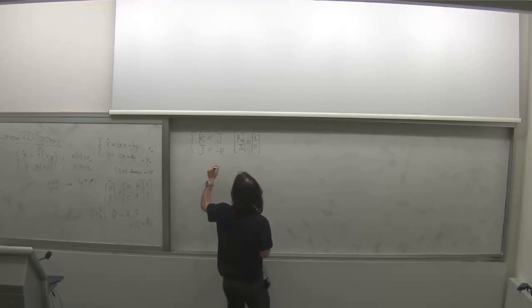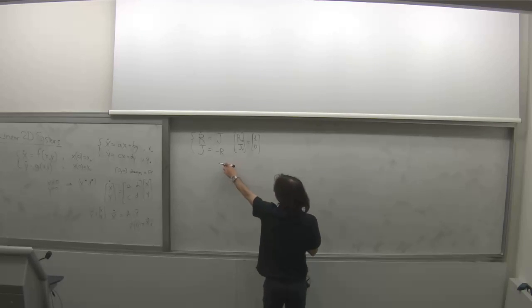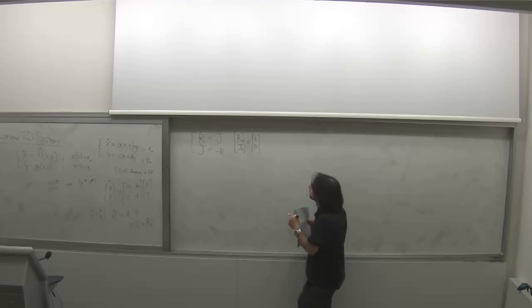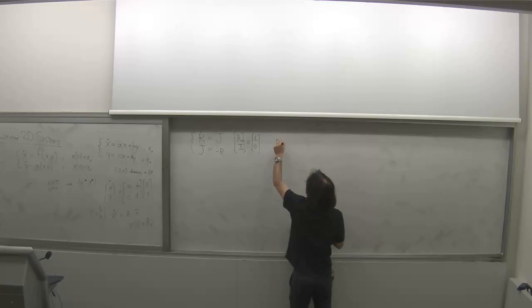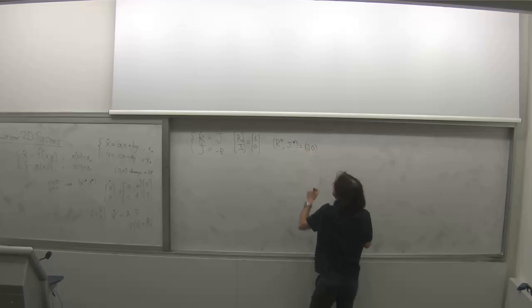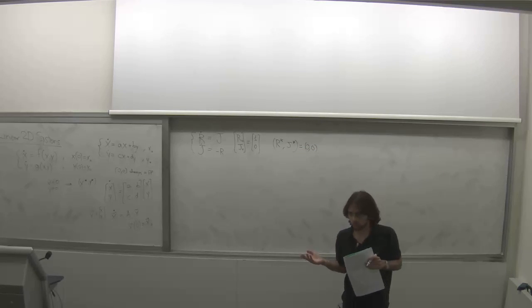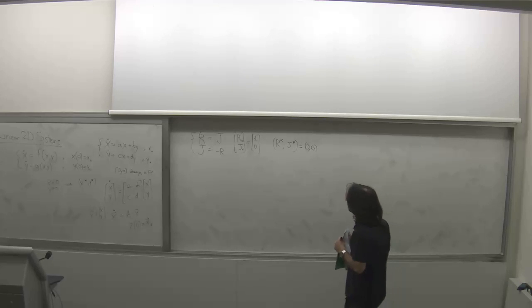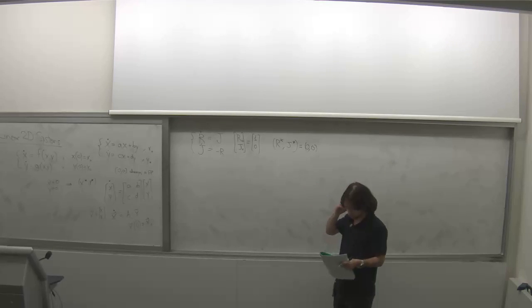First of all, we know that we have a fixed point at (0, 0): R star, J star equals (0, 0). This means if no one feels anything, then nothing will develop. They will remain indifferent to each other.